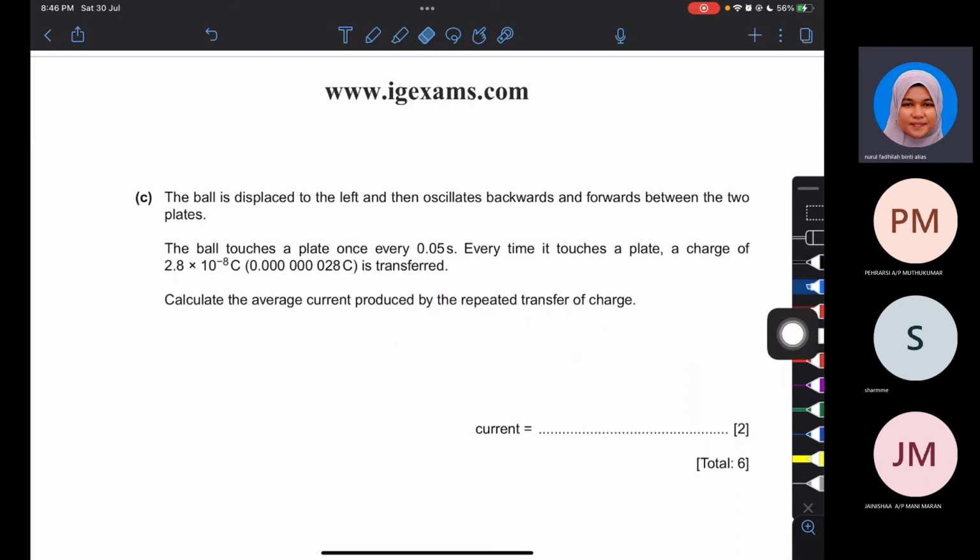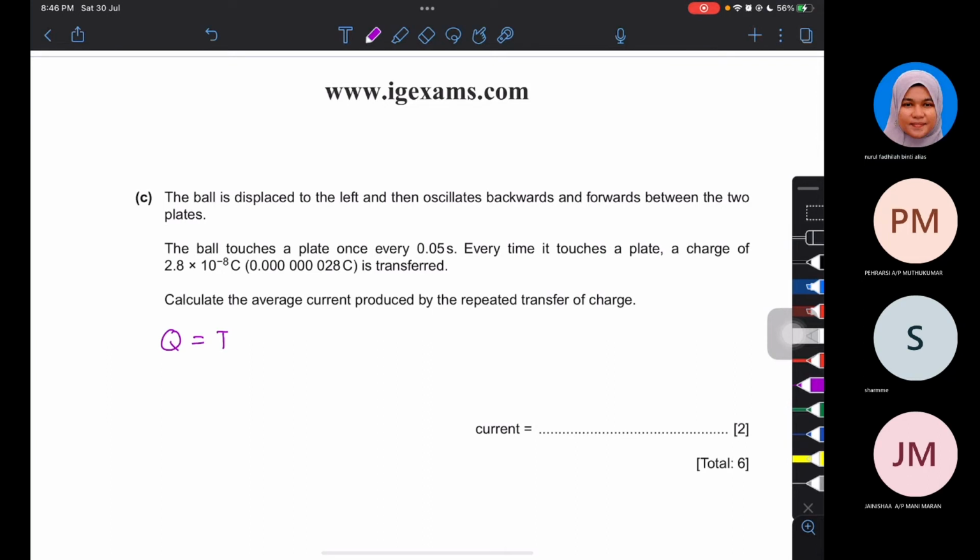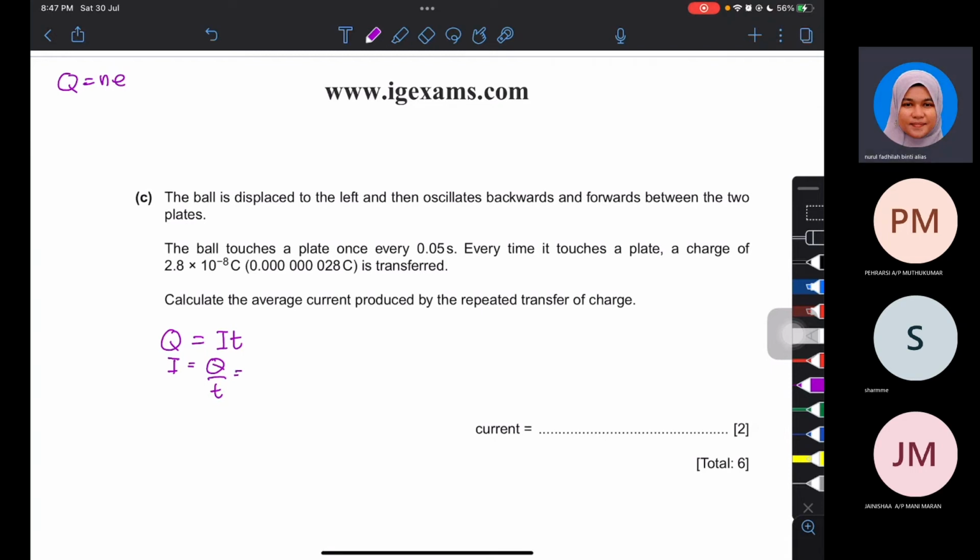Jadi kita nak guna formula apa? Kita guna formula yang saya sebut awal tadi. Q equals to I T. Kita ada formula lain. Q equals to NE. Lepas tu kita ada Q equals to IT. Tapi yang ni tak sesuai lah for this question. Because kita nak I. Jadi I equals to Q over T. Okay. Jadi berapa kita punya charges?